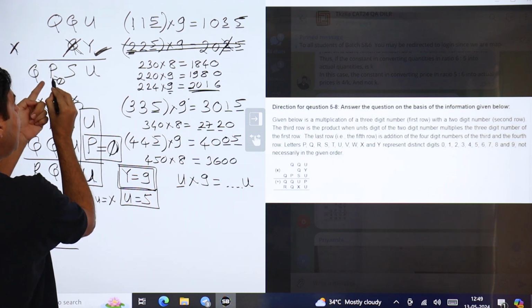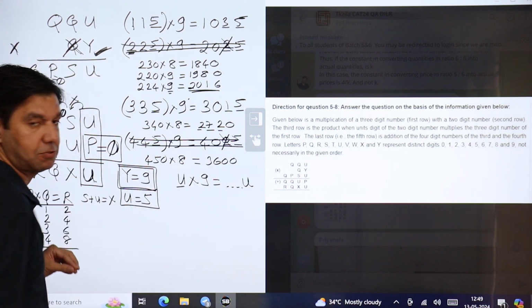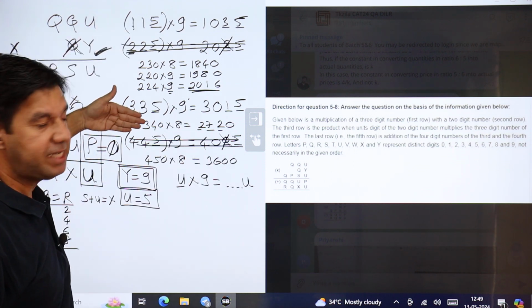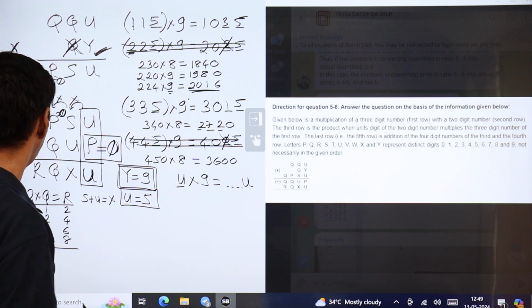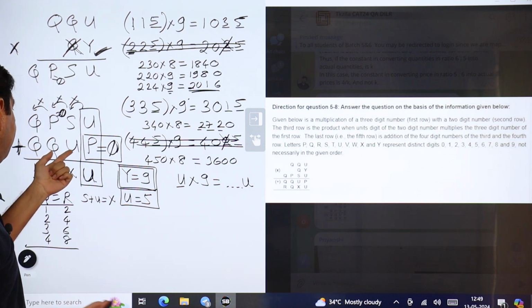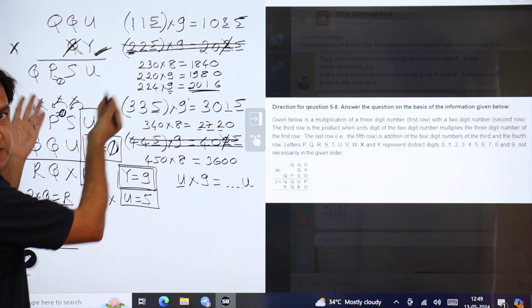So if p is 0, s can't be 0, so I can't have that. So this is also ruled out. So I have two possibilities. I've got y, I can find this, and then the summation also. So I have q, u, p, and r also. So I just need to fit in.